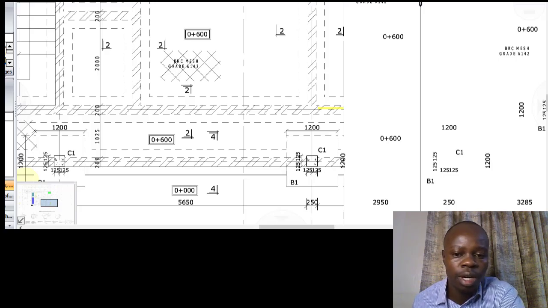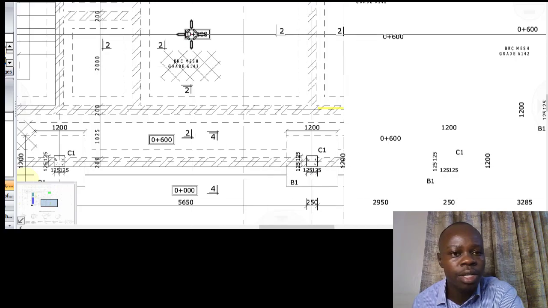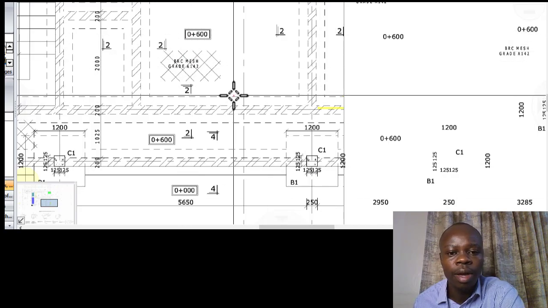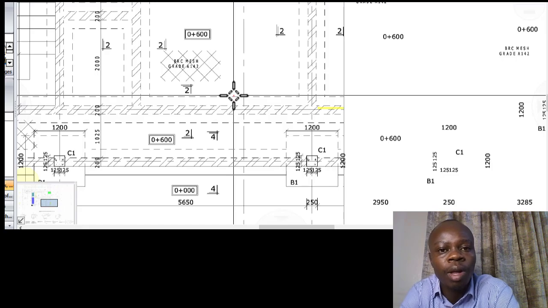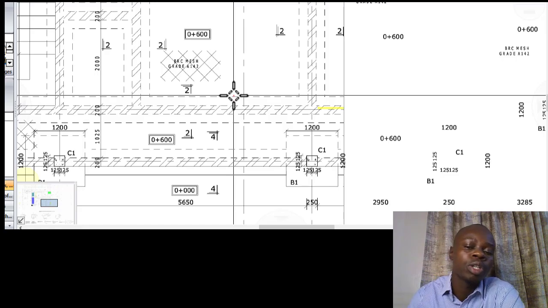So let's work together and see what we have in the coverage of the trenches, the rules that we need to know, and how to cover that from the drawings that are provided to us. Of course, making a few assumptions here and there.